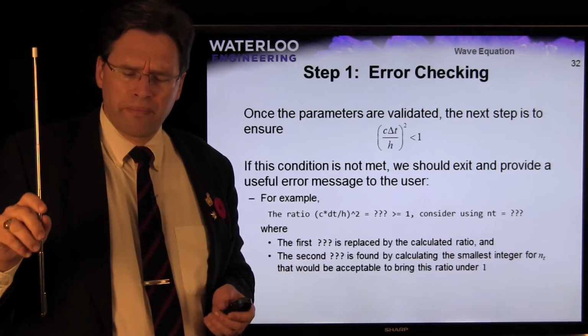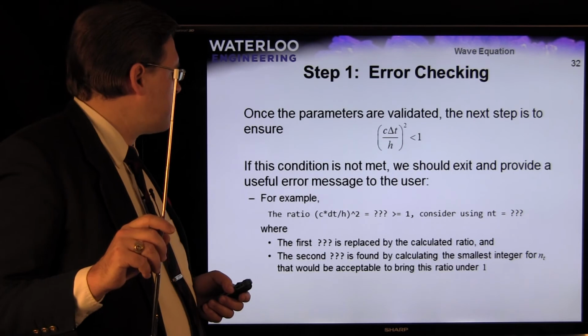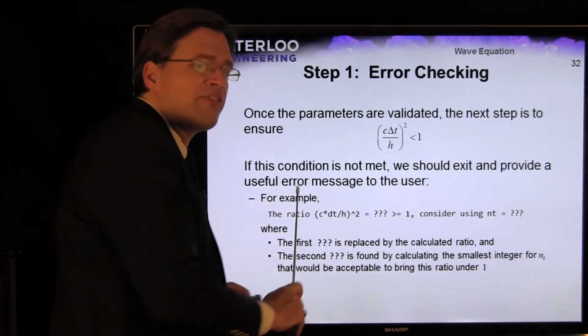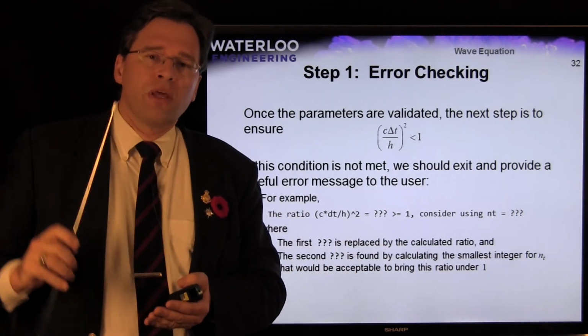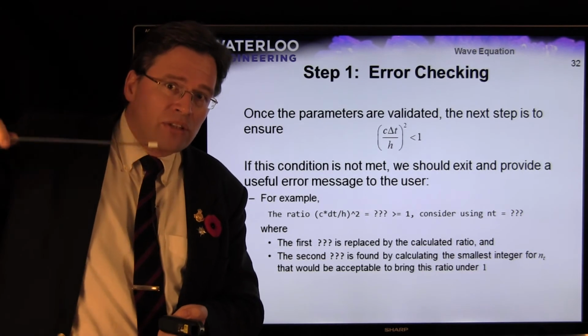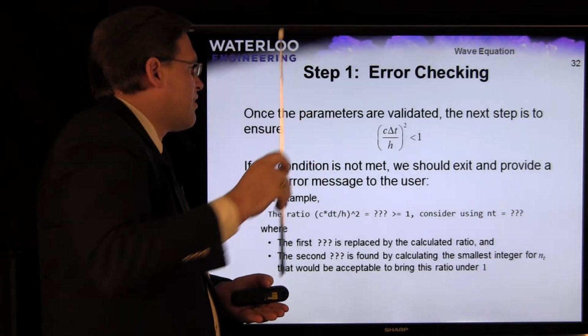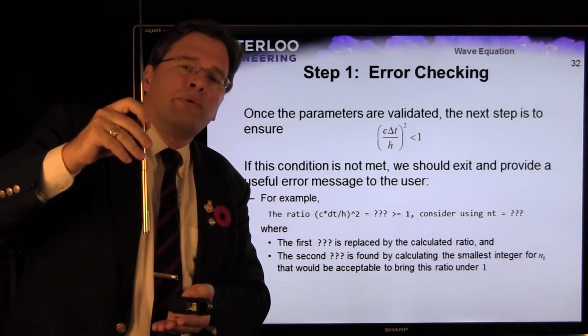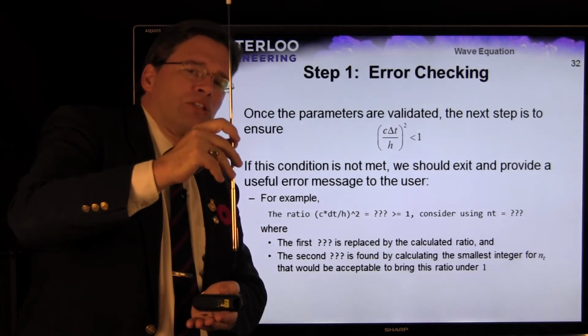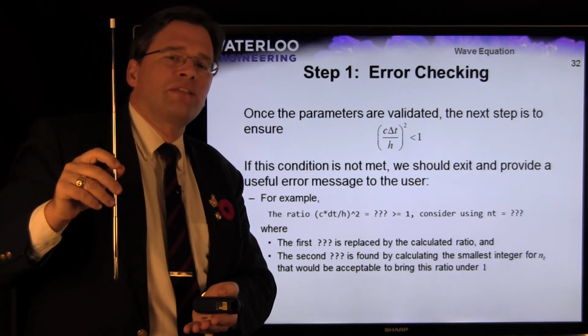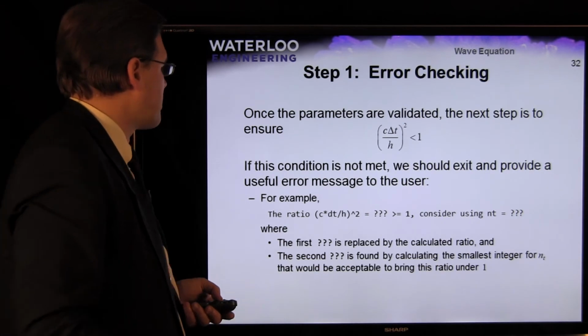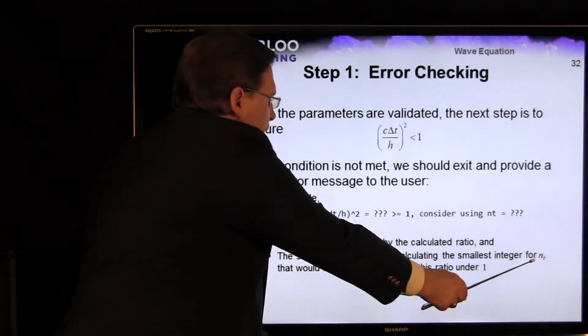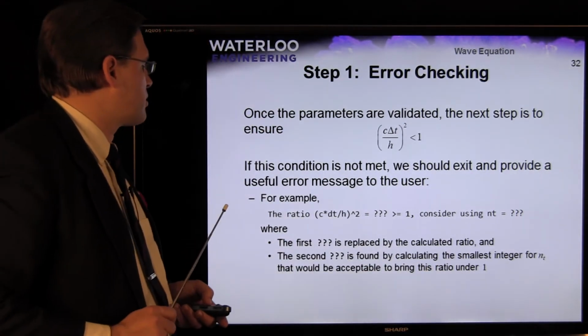All right, so why would we suggest a different n sub t value instead of a different n sub x value? Well, we are interested in the spatial dimension, but we're more interested in how much we have to refine the time dimension to get an accurate picture of what's happening. So basically we have to make n sub t sufficiently large.